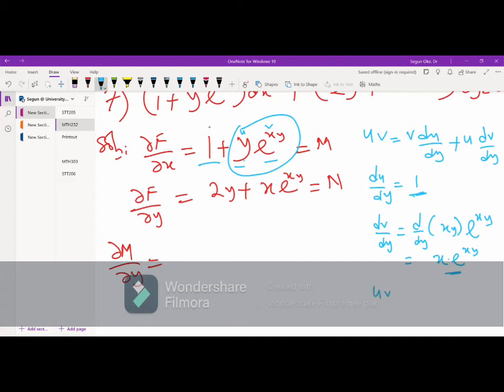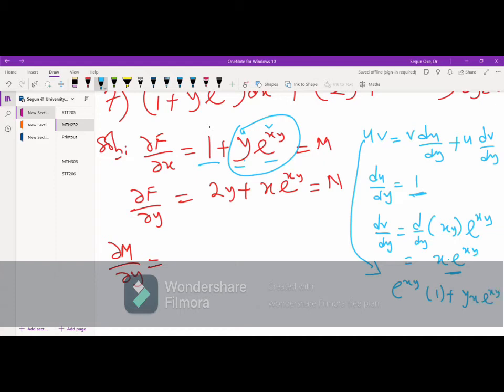You have the derivative of uv equals to, or everything here will now be equals to, what is our v? Our v is what? Exponential xy. Our du dy is what? 1. Plus, what is our u? Y. What is our dv dy? X exponential xy.